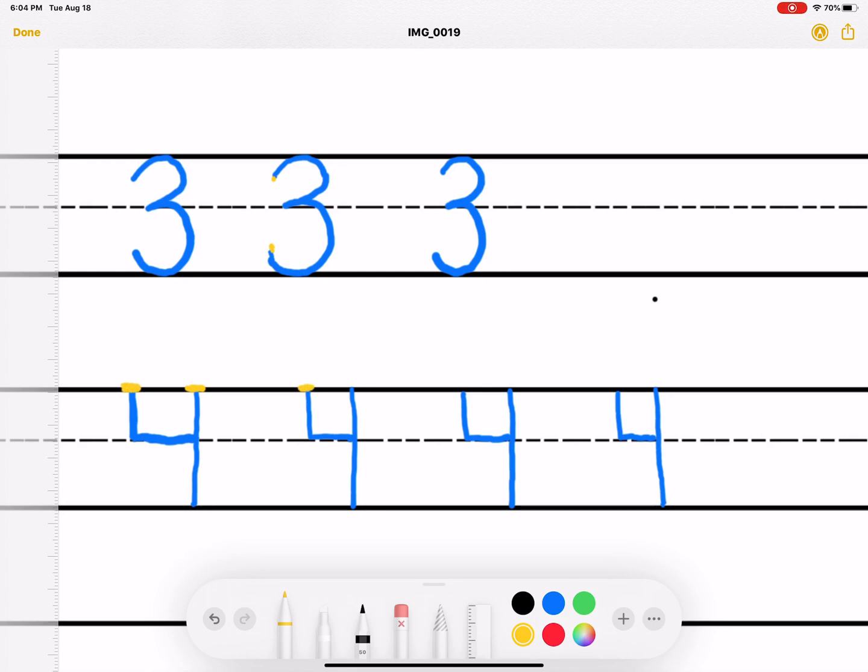So the number 4 touches it twice. See that? 2 times it touches, and both of the forks of that number 4 have to touch that top line. And same with the bottom. So they're tall like capital letters. Okay, that's the 4s.